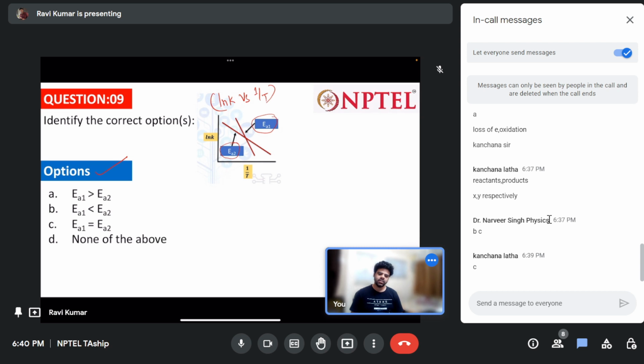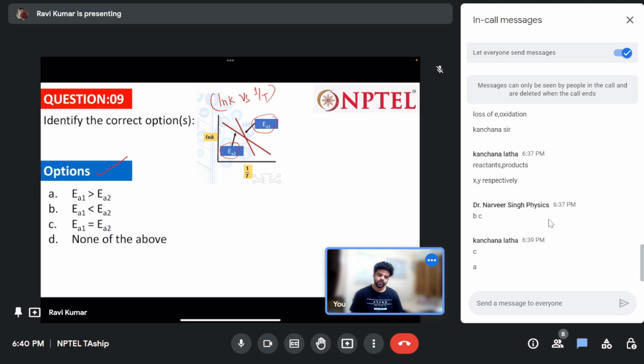Kanchana, just remind yourself with the Arrhenius equation and then try to make a graph ln K versus 1 by T. EA is greater than EA2. Kanchana is saying first C, then she changed. She is saying now A. Okay.